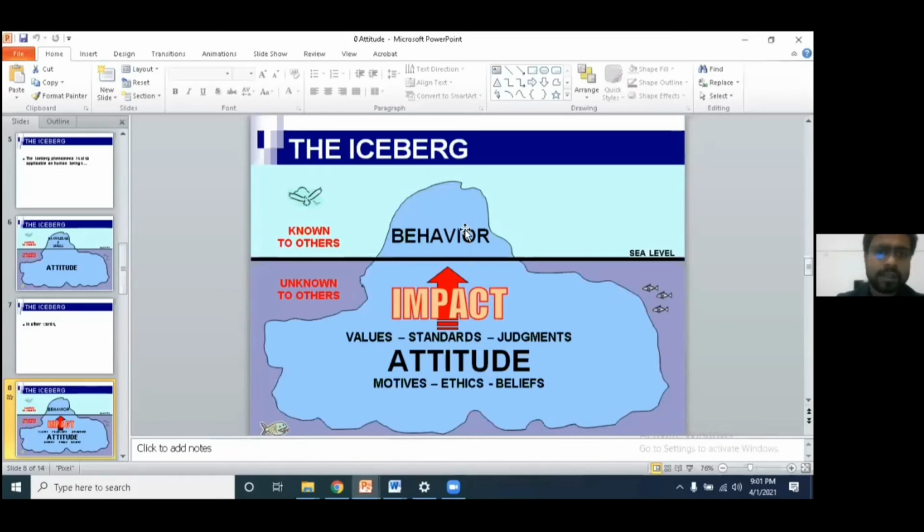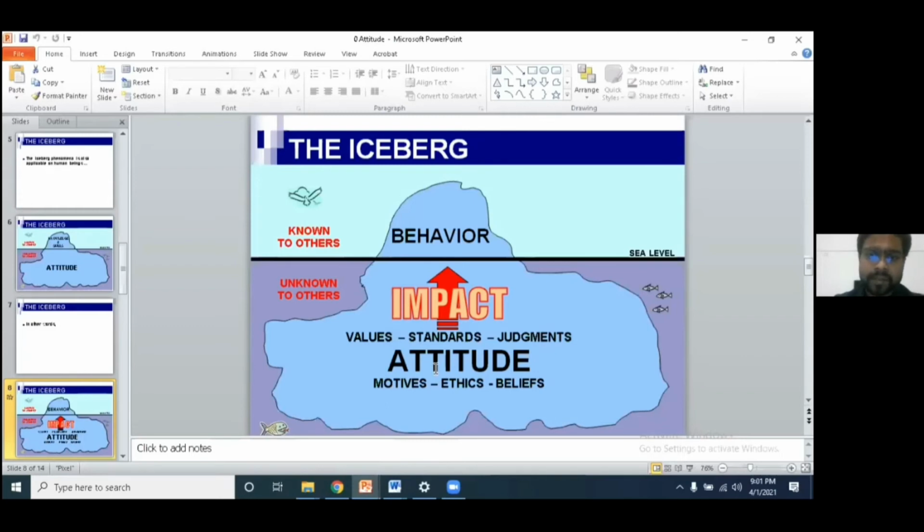And the unknown area is impact, values, standards, judgments, attitude, motives, ethics, beliefs. All of this combination is attitude, which impacts behavior.